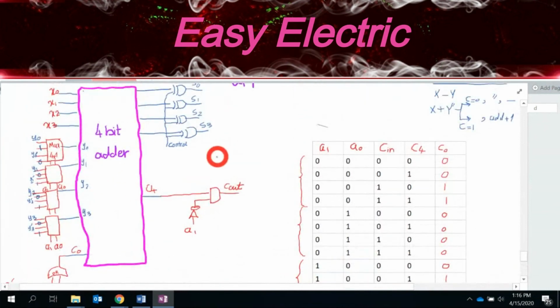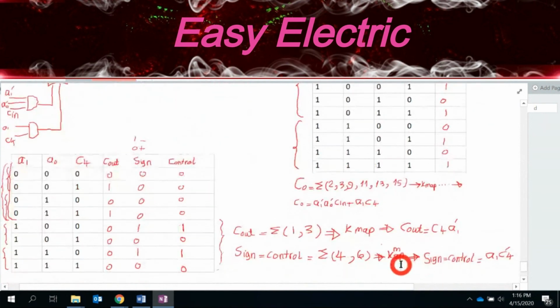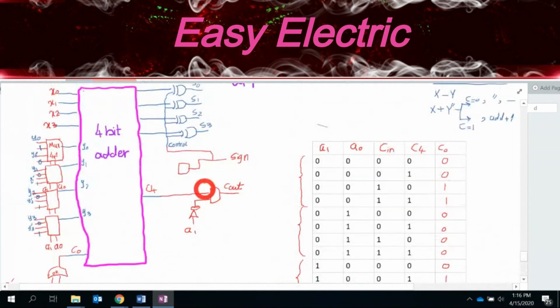So that means if you have these as a sign, because sign equal to C control, I actually connect this to this because both have the same value. You need one AND gate, which is, just check that again, sign and C control is A1 C4 prime.